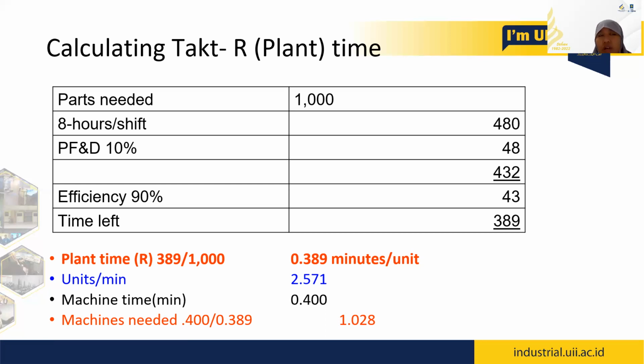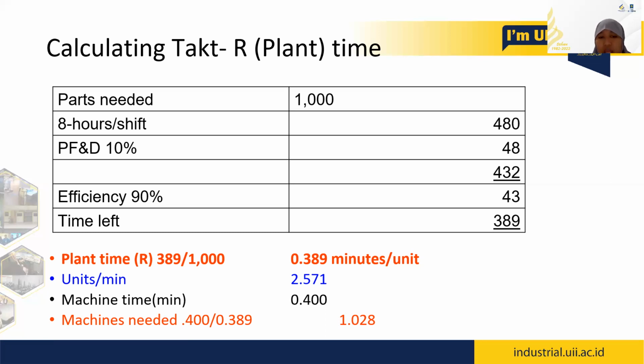So it means that if we already have the demand number and then the available time, we basically will try to find out the actual time available for us to produce the product. So in this case, for example, there is 10% downtime, so the available time is 432 and not 480. However, because there is also setup time where each machine has only 90% efficiency, the actual time left for us to produce 1000 parts is 389 minutes.